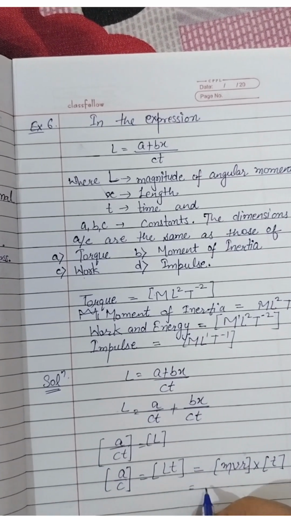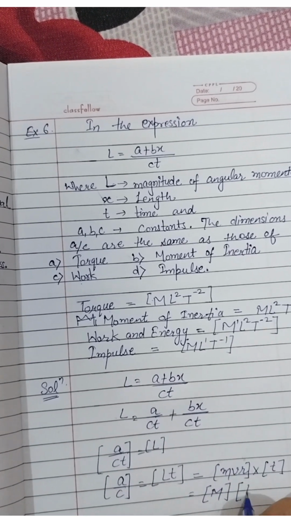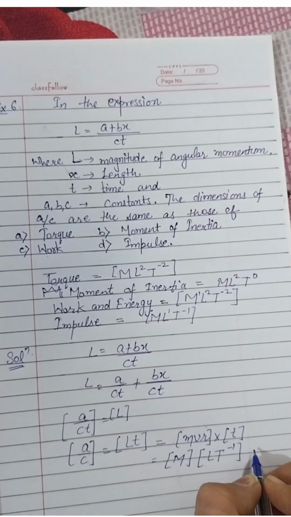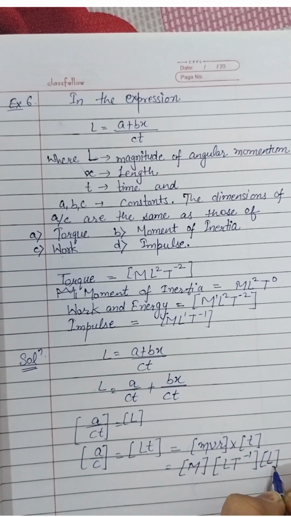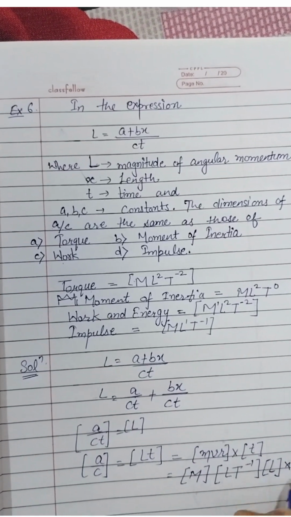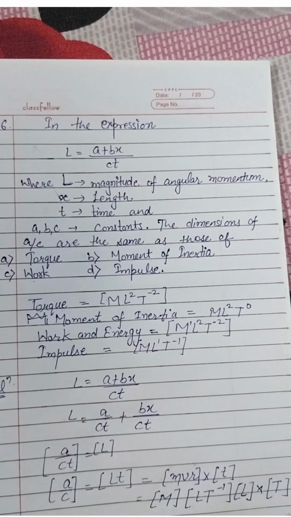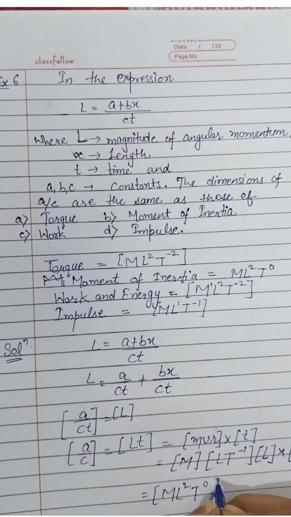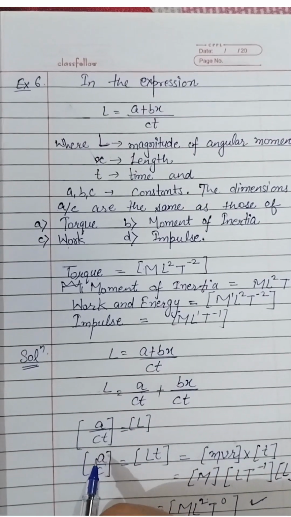So the dimension of mvr: m is mass, v is velocity, that is L T minus 1, and r is distance, so this is L, and time is T. When we solve it, we find M L2 T0. We find the value for A by c.